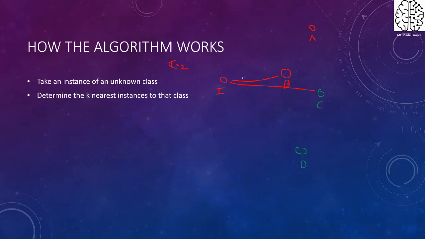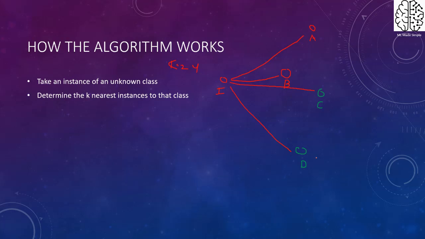We say k is 3. Well, I think A is the next closest one. So then we can say the majority of the targets are red, so we say I is red. And if we say k is 4 now, then it's an even distribution.